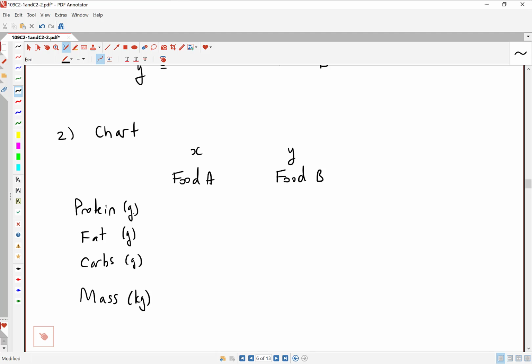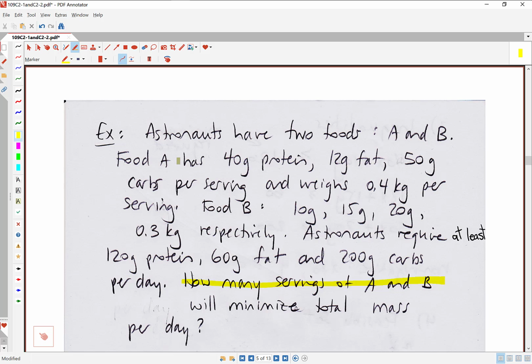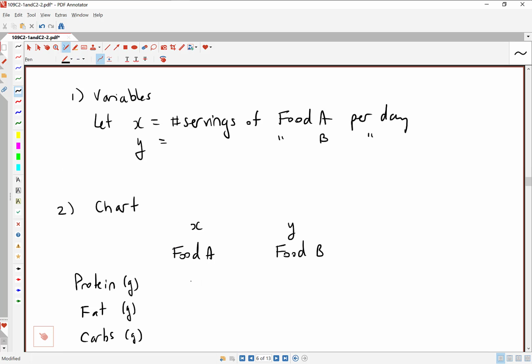So let's start to fill in the numbers here. We'll see if we've got all the rows and columns that we need in our chart. So food A has, in terms of grams, 40, 12, and then 50 grams of protein, fat, and carbs in that order. So 40, 12, 50, like that.